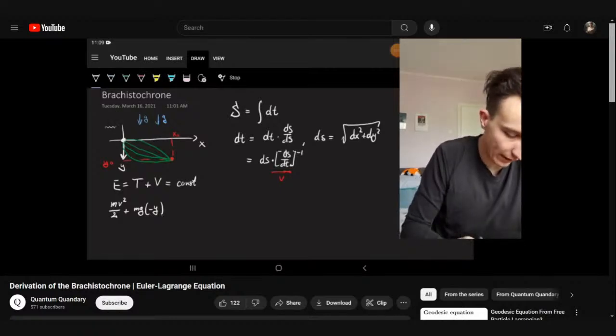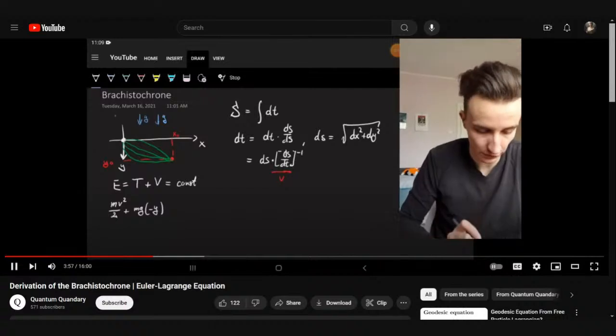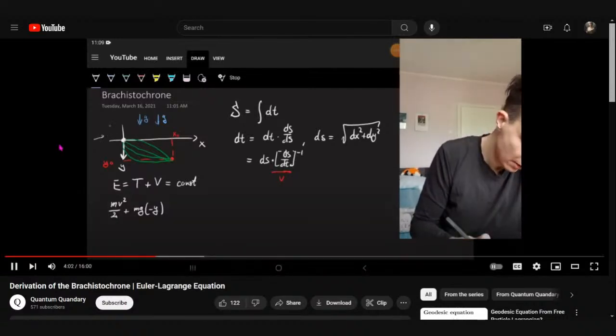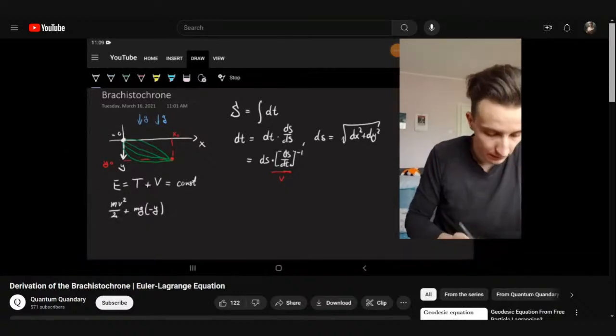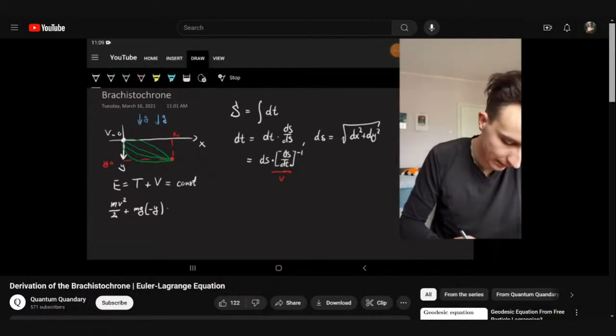If in negative y over here, we would have positive potential energy. This is where our potential energy is 0. So this is V equals 0. Yep. And this is why we get minus y. So this would be constant.